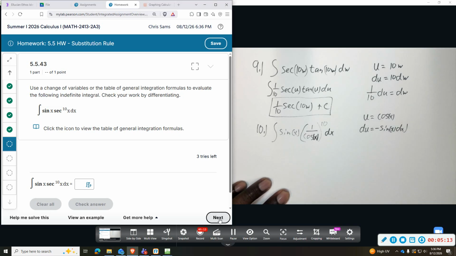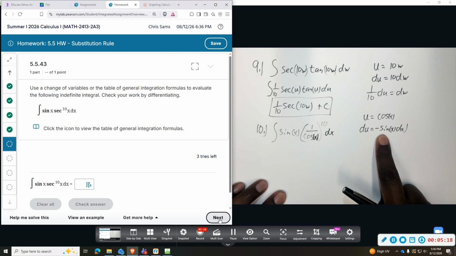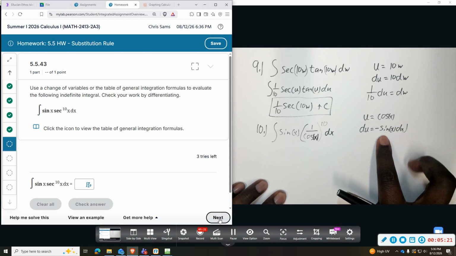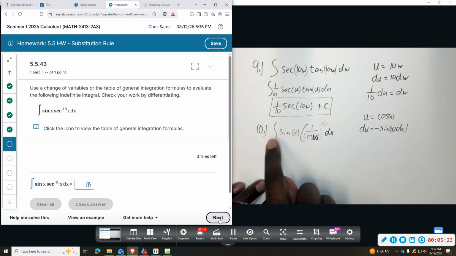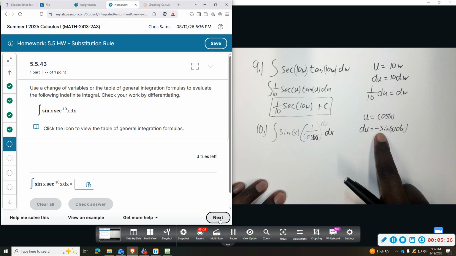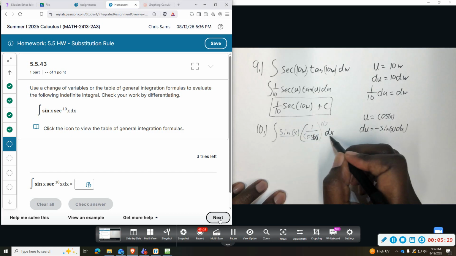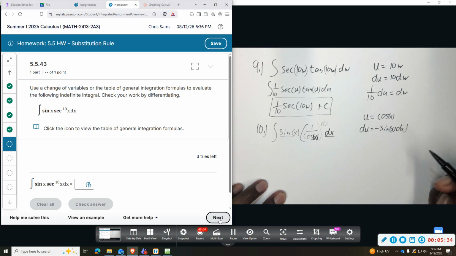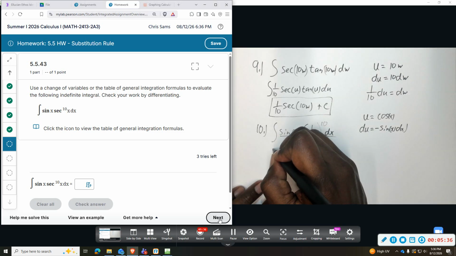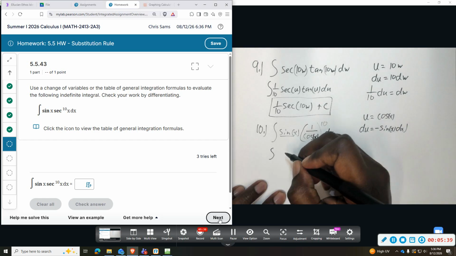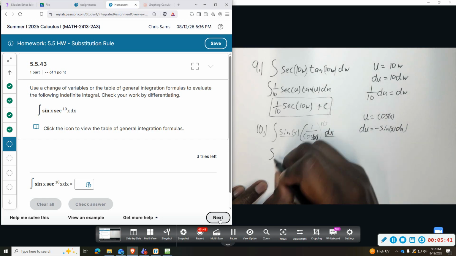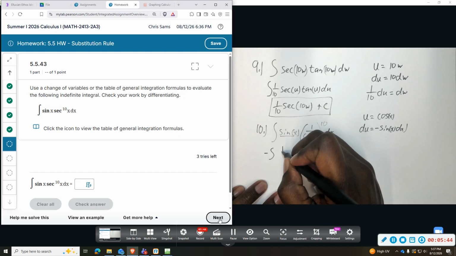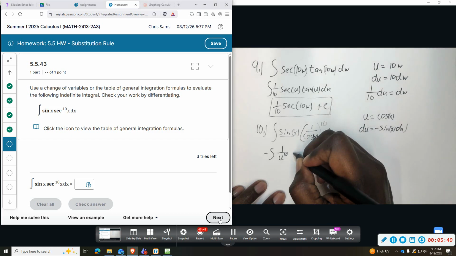Okay, well, now having done that, we'll just have a negative, or I can move the negative over, but the sine and dx will give us what's equal to du. We'll just have a negative. All right, so when we rewrite this, this will be negative 1 over u to the 10th du.